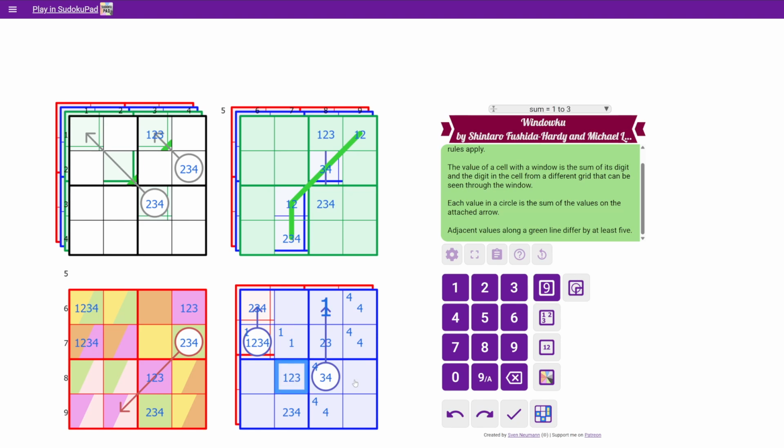So this cannot be 3. Can it be 2? If either one of those were 2, then this would have to be both 4s. But I think they could both be 1.